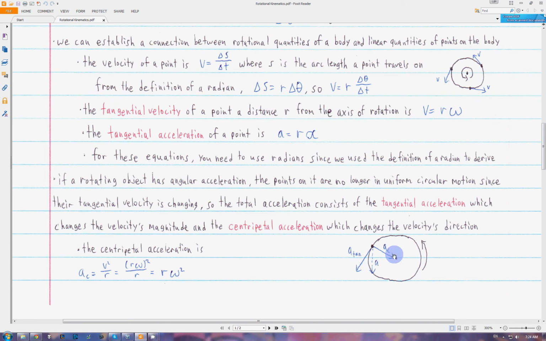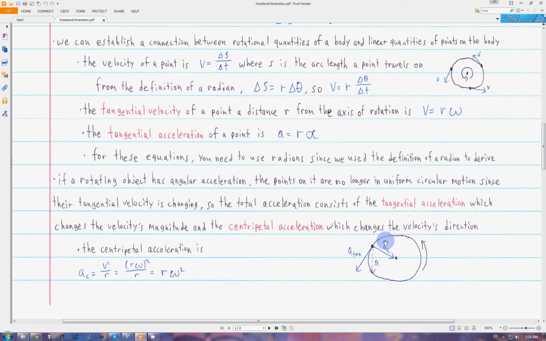So in addition to this centripetal acceleration, which changes the velocity's direction and points to the center of the circle, we have this tangential acceleration, and this component changes the velocity's magnitude.